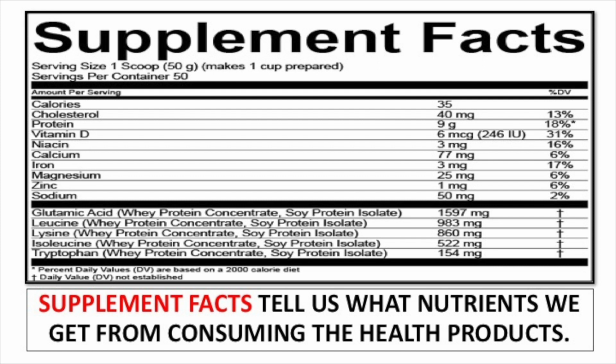Now, how many milligrams of cholesterol? 40 milligrams. Now, looking at the protein, how many grams? 9. What type of vitamin can you get? Vitamin D. Okay, so this product gives us vitamin D. So you see, it's important to look at the supplement facts to know what nutrients we will get.